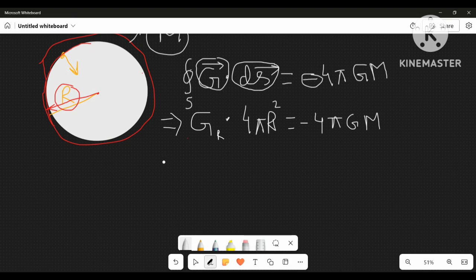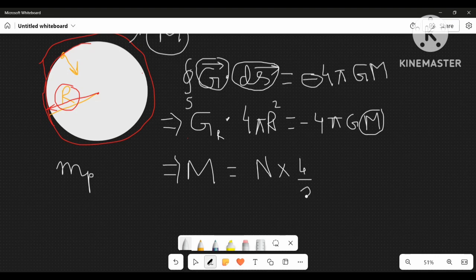Now, before further proceeding, we need to find the total mass of the universe, which is, again, if I take the mass of one hydrogen atom as m_p, then the total mass is the number density, which is the number of hydrogen atoms per unit volume of the universe, times the volume of the universe, which is 4/3 pi r cube, times the mass of a single hydrogen atom.